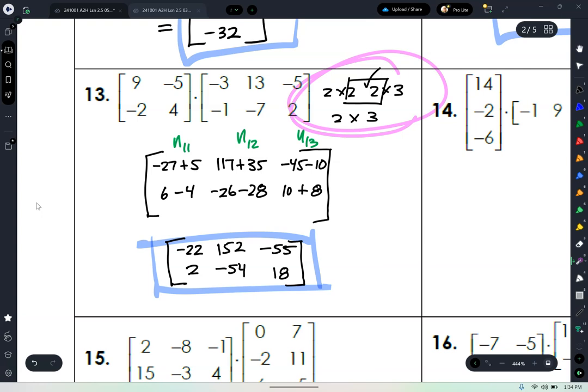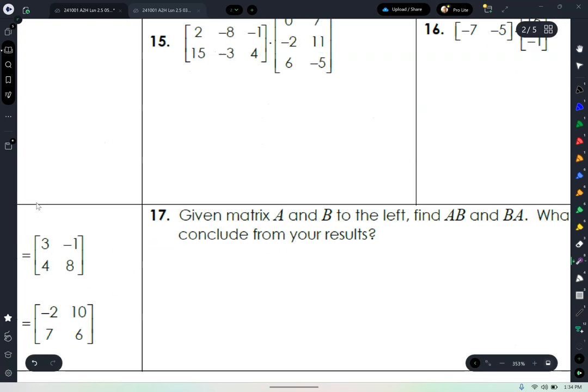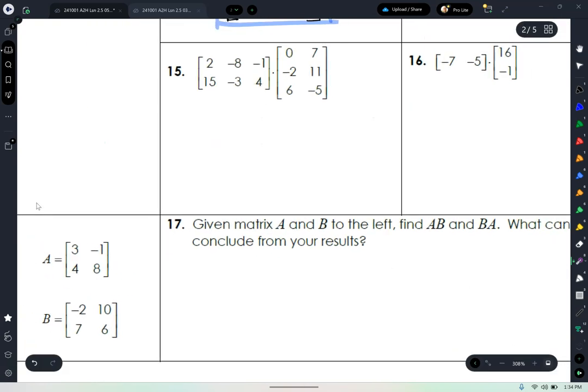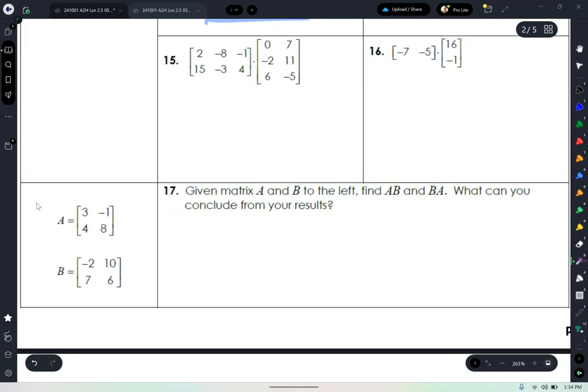So, all right. Let's keep this train rolling. Here we have matrix A and B. And so the question is, find AB and find BA. Why don't you partner up with somebody and one of you find AB, and the other one of you find BA.